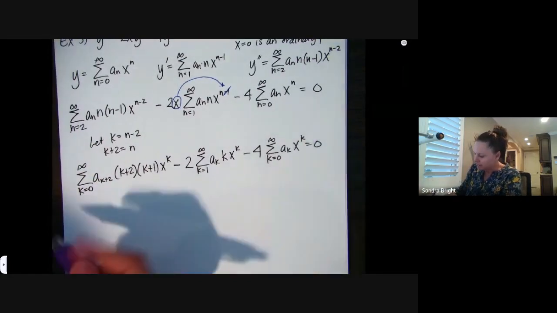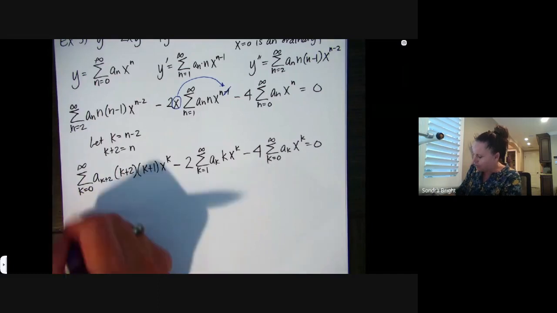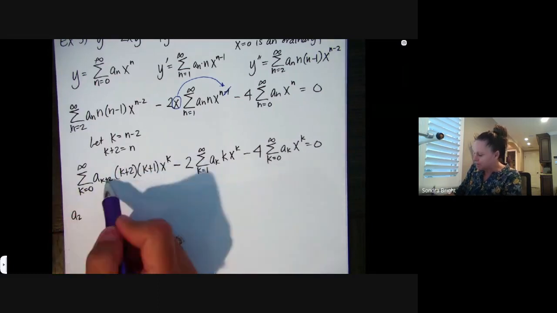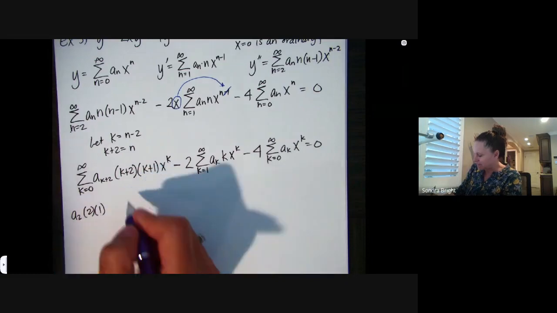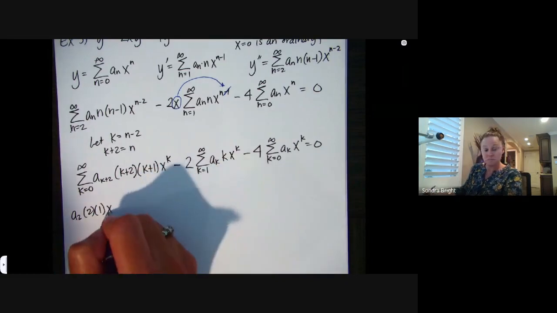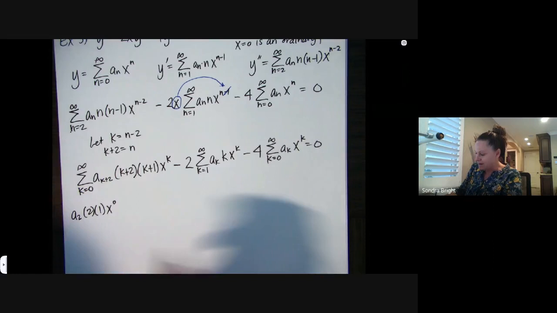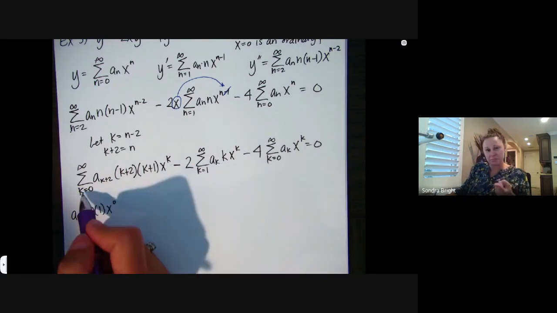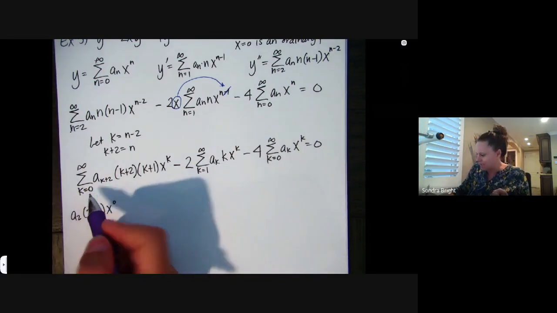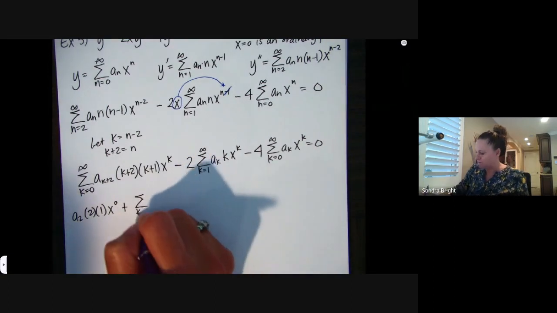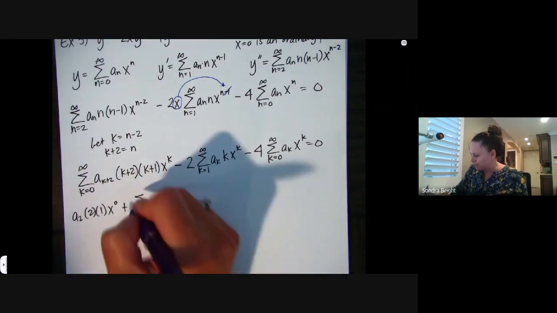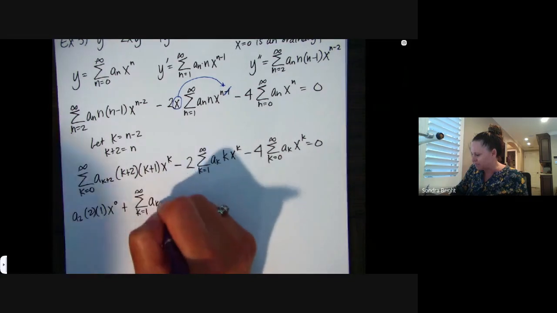So plugging in a 0 here would give me a2 times 2 times 1 times x to the 0. And then now the next thing I would do would be plugging in a 1. But instead of doing that, I'm just going to write, now the series starts with 1. And I've still got the rest of the same thing. Everything else is the same.